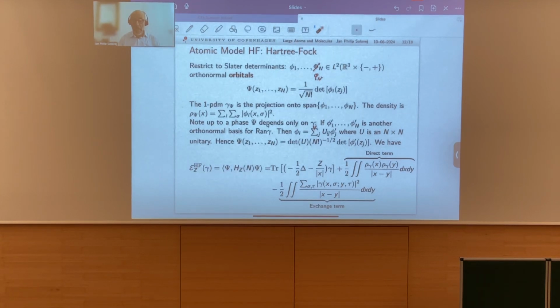spherically symmetric. I haven't discussed minimizers yet, but I'll come to it in a moment. But we have, it will not in general have a spherically symmetric density. The minimizer for quantum mechanics will also not in general have a spherically symmetric density.